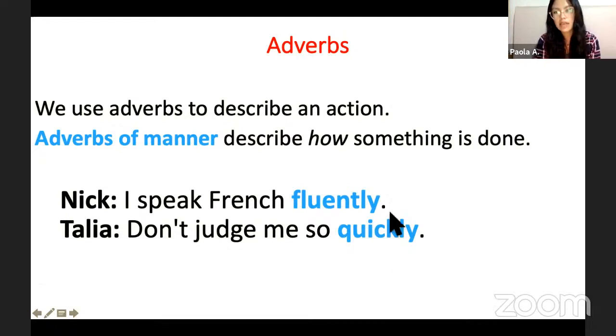So it's the same type of word that helps us to describe an action, right? What are they describing? The action about speaking or judging something, no? And they are describing a little bit how it's done. So I speak French. The sentence could end there, right? Or maybe don't judge me.